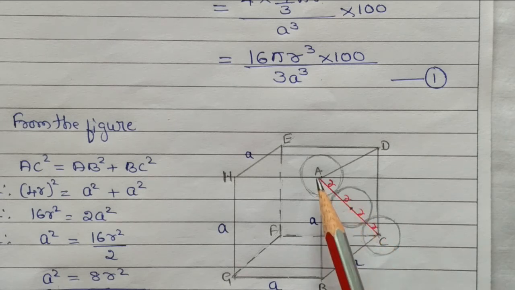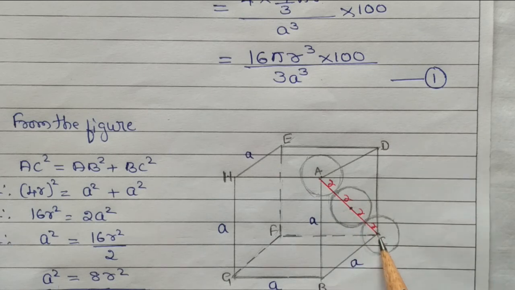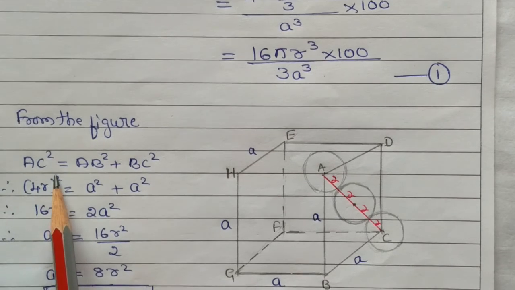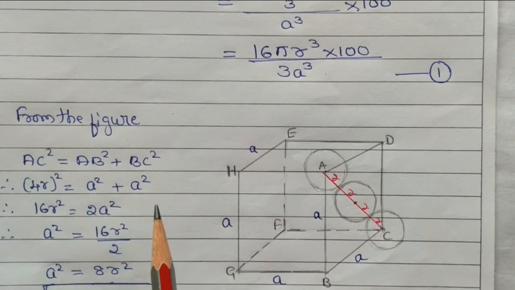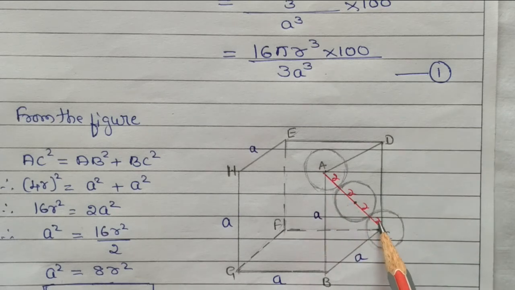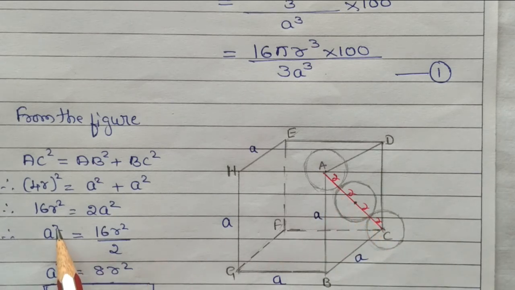Now if you observe here, this is a right angle triangle ABC. From the figure, applying the Pythagoras theorem, AC square equals AB square plus BC square. What is AC? This distance is nothing but 4 radii, r, r, r and r. So use a bracket: 4r whole square equals AB square plus BC square. AB is a, and BC is also a because all edges of the cube are the same.